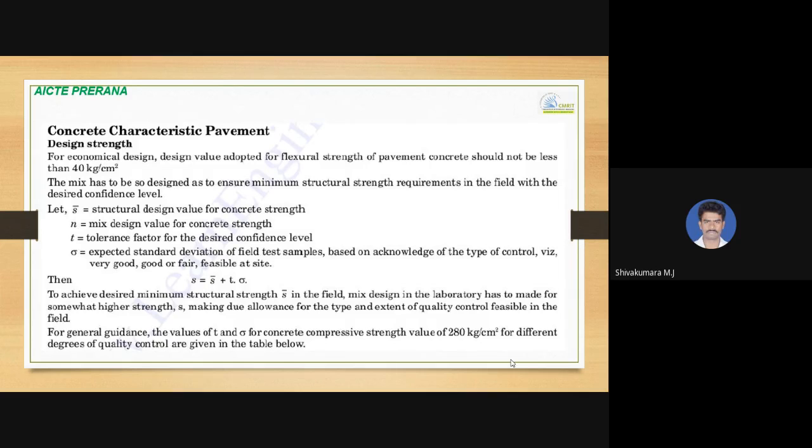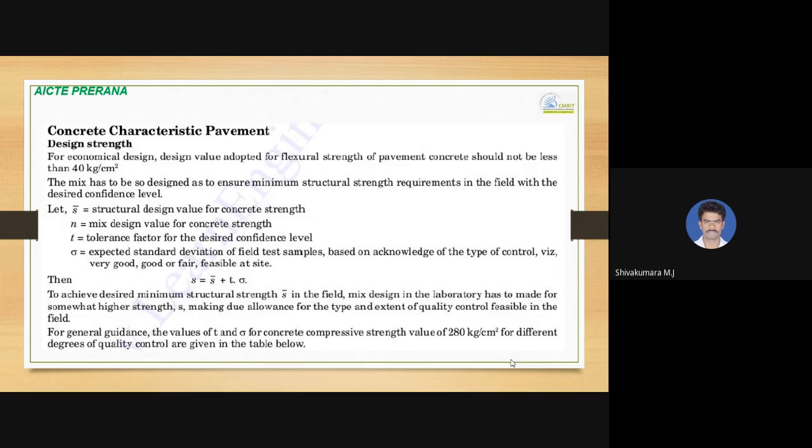One thing needs to be checked before using concrete in road construction, that is the concrete characteristic of the pavement, its design strength. For economical design, the design value adopted for structural strength of pavement concrete should not be less than 40 kg per centimeter square. The mix has to be designed so as to ensure that the minimum structural strength requirement in the field with the desired confidence level is achieved.